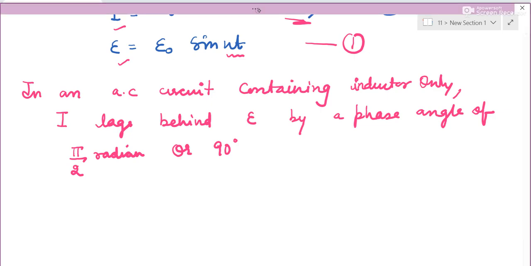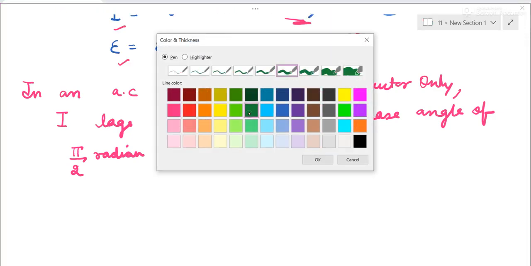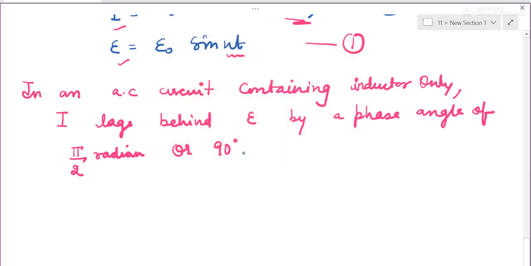Okay, and we can talk in terms of time also. How much time is it lagging by? For 360 degree, time is the time period. So for 90 degree, the time difference is T by 4.